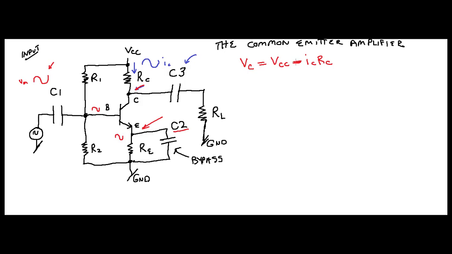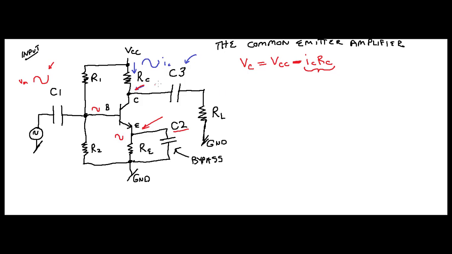Sorry about that. This is the interesting factor here, because notice, when your current increases, this is a larger value. If you subtract a larger value from VCC, that means your voltage gets smaller.